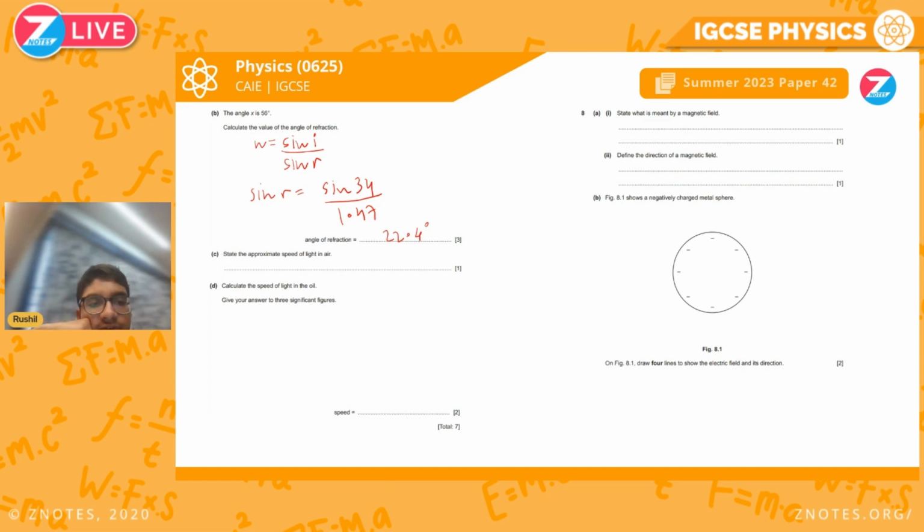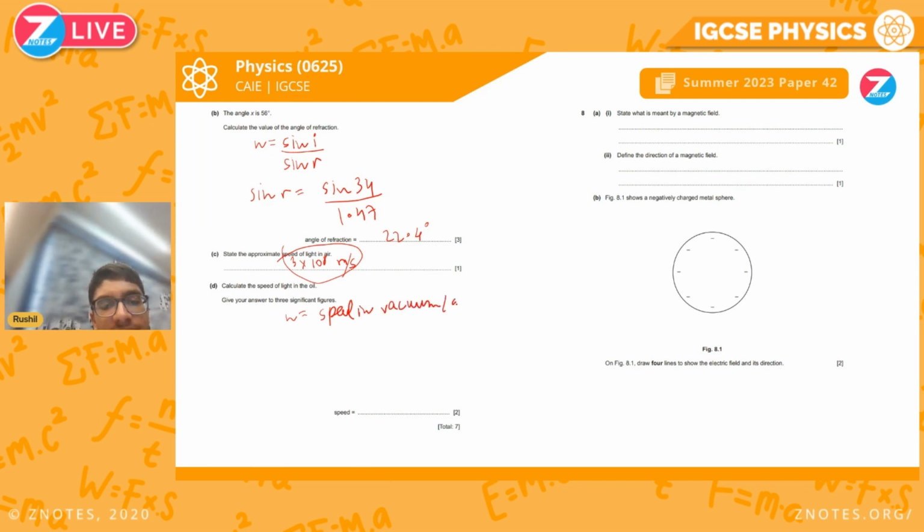State the approximate speed of light in air. This we know, it's 3 times 10 to the power 8 meters per second. Nothing complicated here. Calculate the speed of light in the oil. Give your answer to 3 significant figures. As we know, refractive index is sine I by sine r, but refractive index is also the speed in vacuum or air, which is roughly the same thing, divided by the speed in the medium, which in this case is oil.